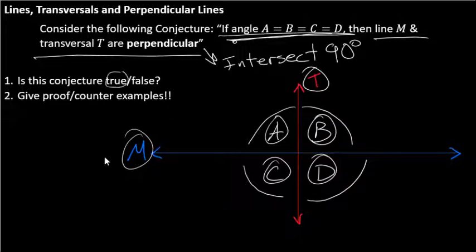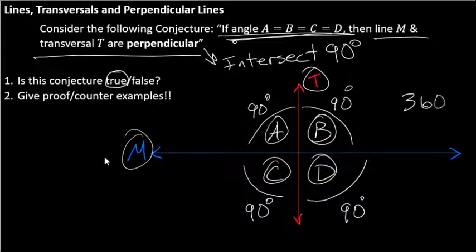Well, absolutely this is true. How do I know that? Well, if they are all equal, that means each one must be 90. Okay, so one thing about vertical angles: when you add all four angles formed by the same vertex together, you're always going to get a sum of 360 degrees.